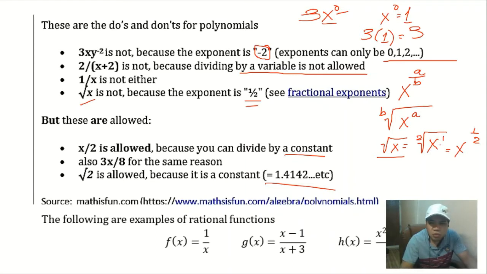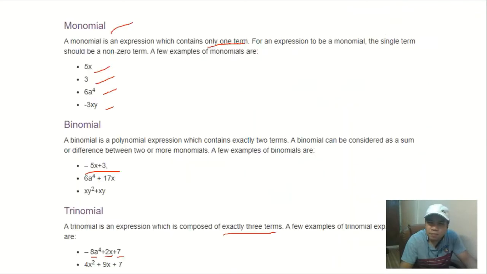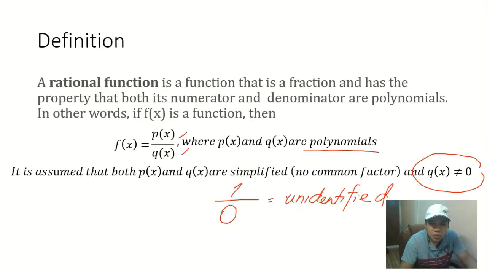Okay, so following our examples ng rational function, f of x is equal to 1 over x. Sabi kanina, 1 over x is not a polynomial, but 1 and x can be treated as polynomials, kaya 1 over x. Ang sabi doon is, rational function is may ratio or fraction.